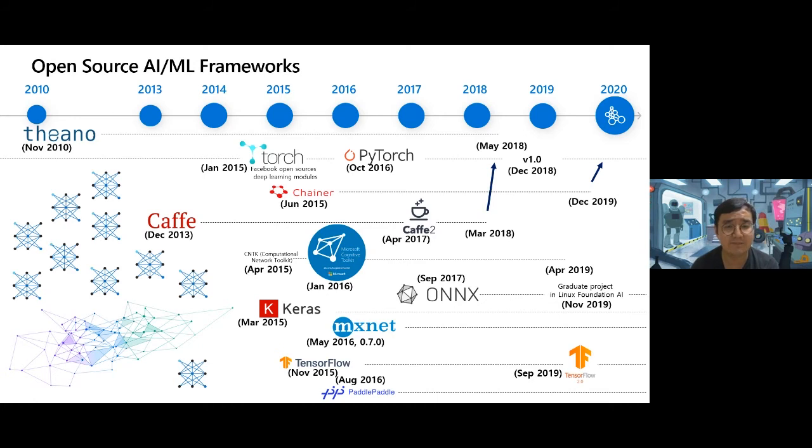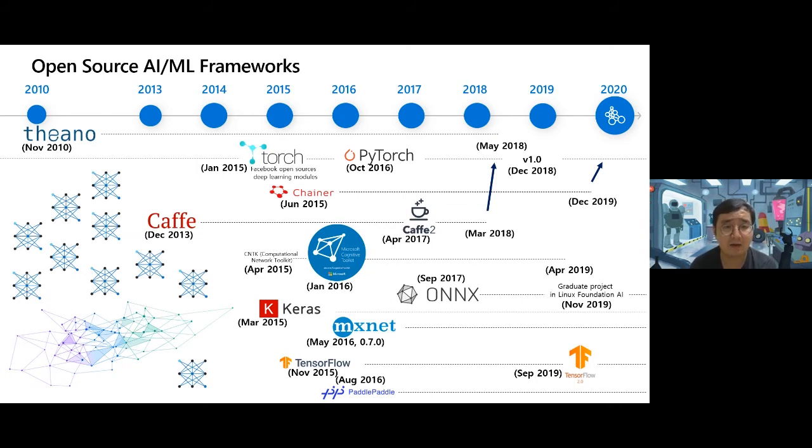And now there are also many open sources, but currently it seems that TensorFlow and PyTorch, two open sources, are very popular, and Keras is also very popular.